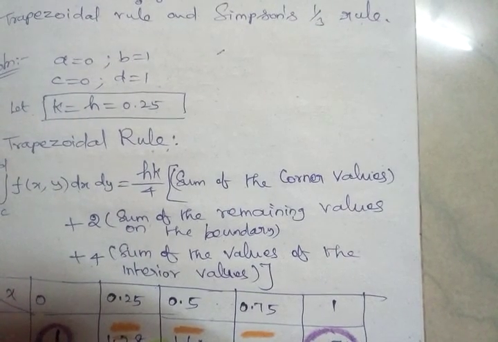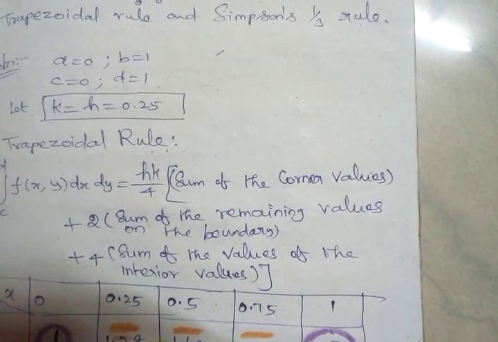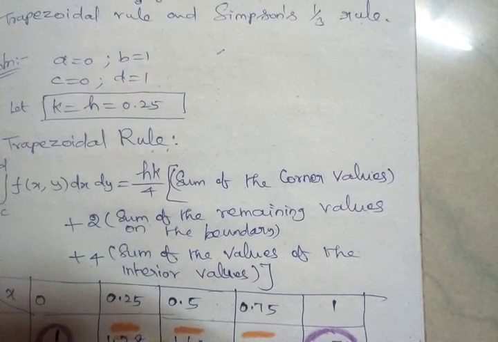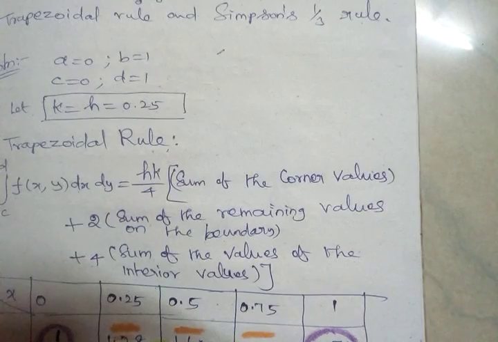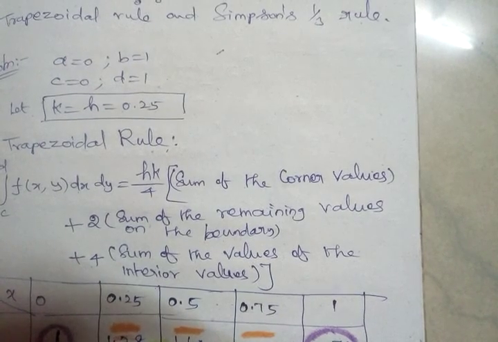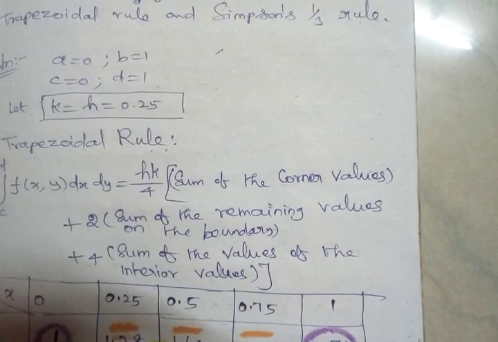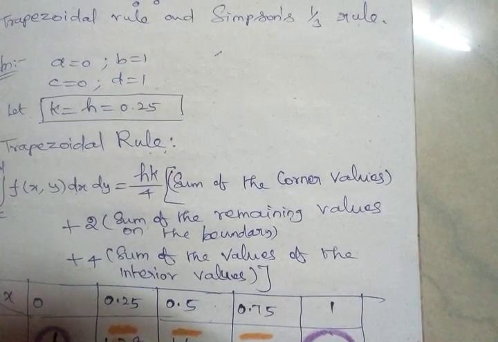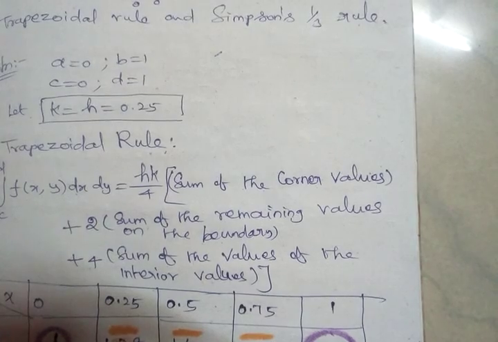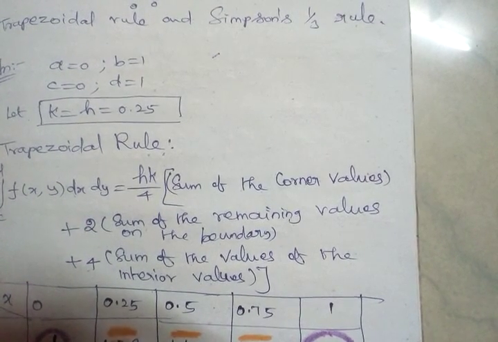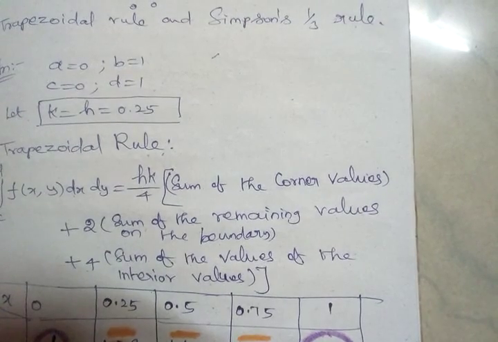And one more formula we have is Simpson's rule. We are going to see it later. So first we are going to do the trapezoidal rule. This is the formula. For this formula we need the sum of the corner values, the sum of the remaining values on the boundary, and the sum of the interior values. We are not given these values, so we are going to find them.